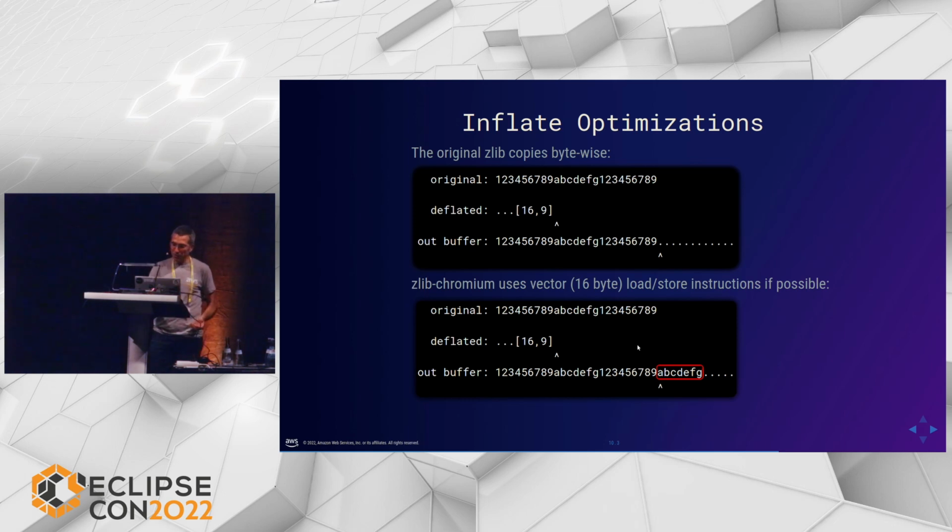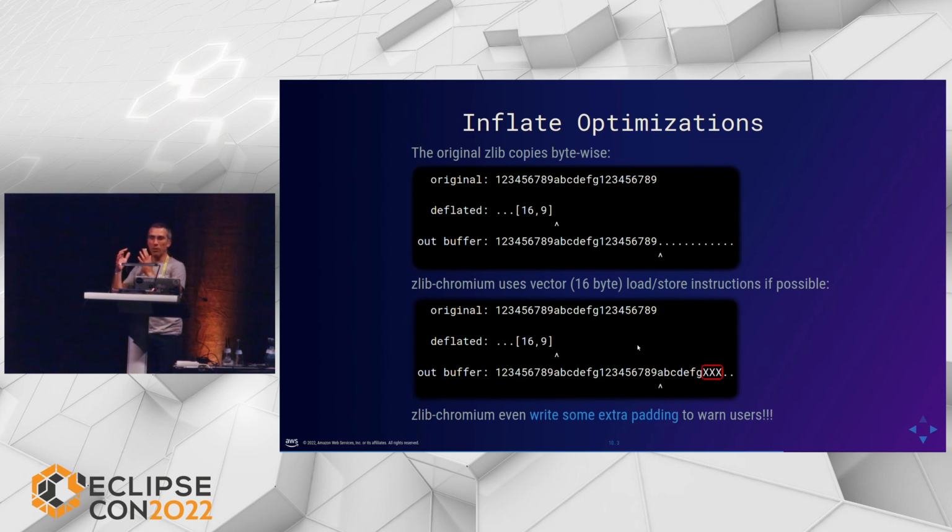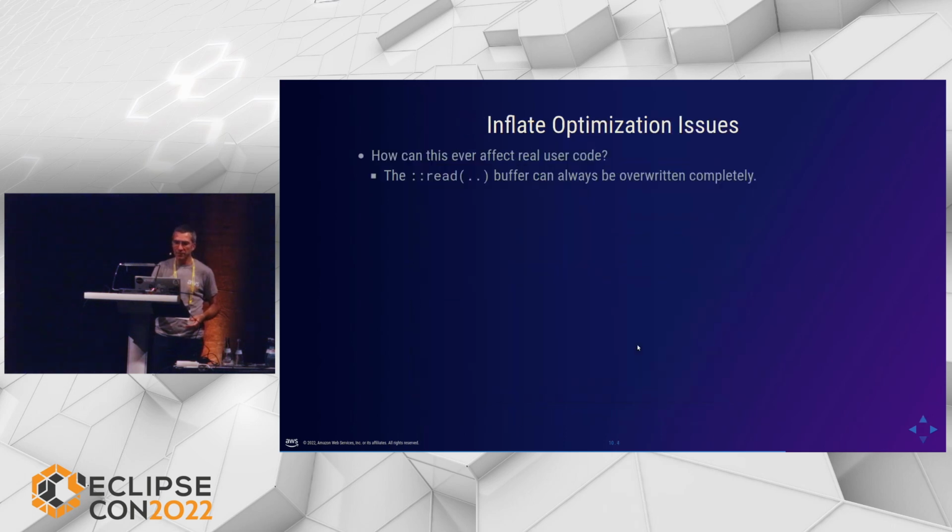So there is no reason to save some data there. Actually, zlib Chromium did even worse, because they were aware of these differences. They even put some padding bytes there, so that there were always some bytes, even if the 16-byte load/store didn't write additional bytes. They always put these extra padding bytes there to warn users that they behave differently.